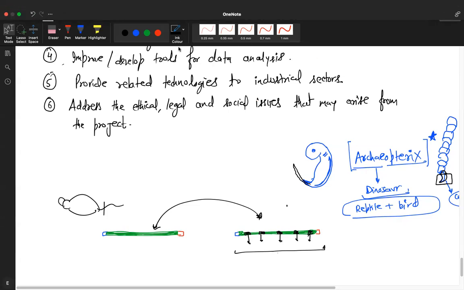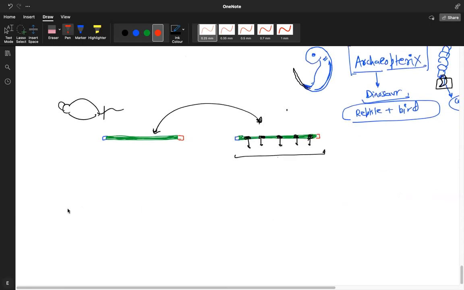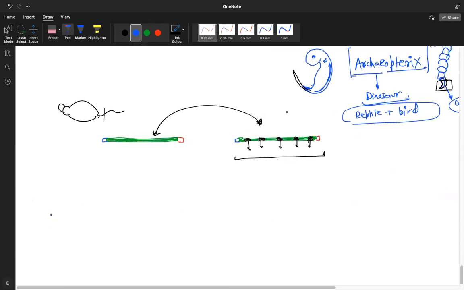Okay, cool. Now write down who funded it. It was funded by the United States Department of Energy. This was a neat question as well. It was funded by the United States Department of Energy and NIH, National Institute of Health, again United States.